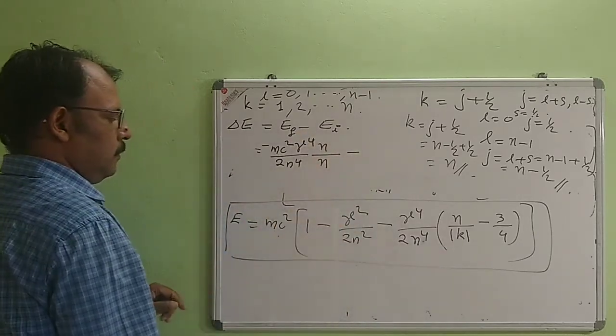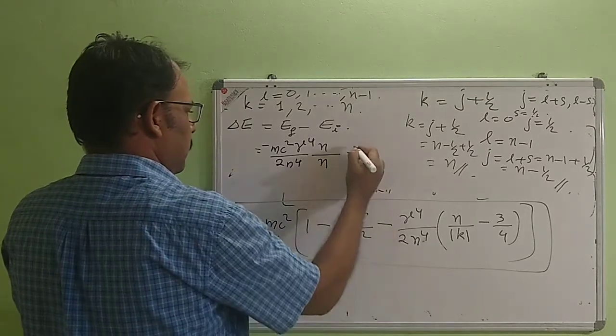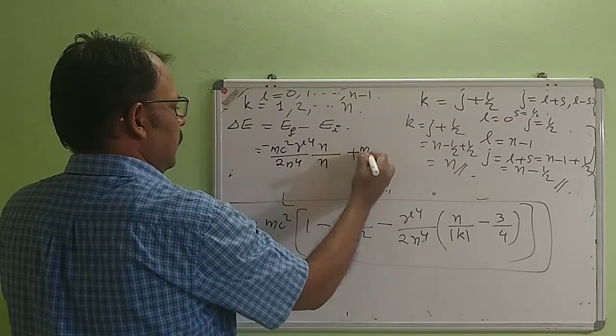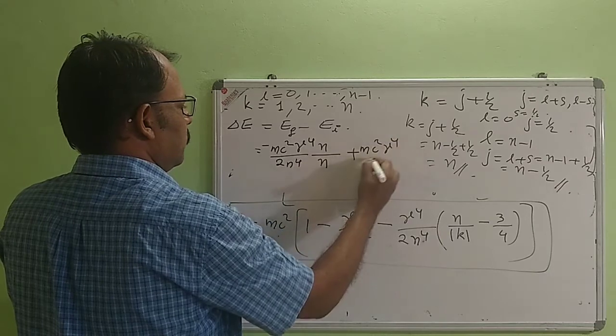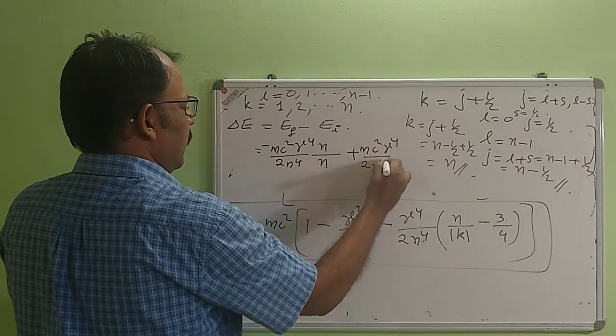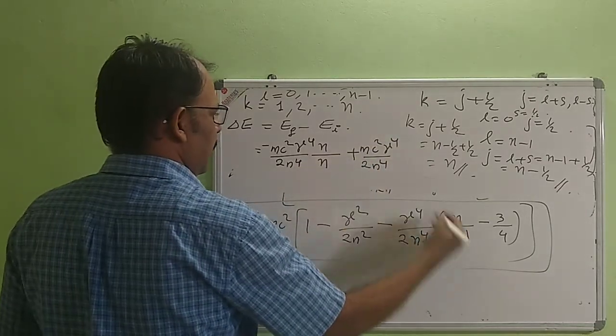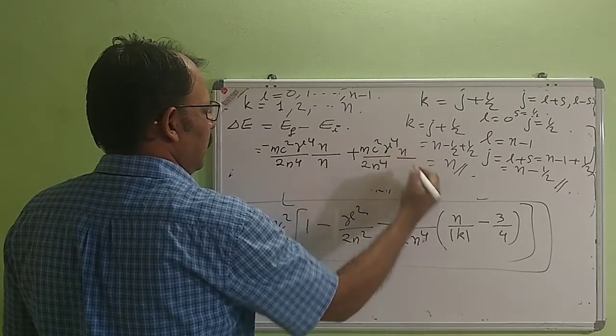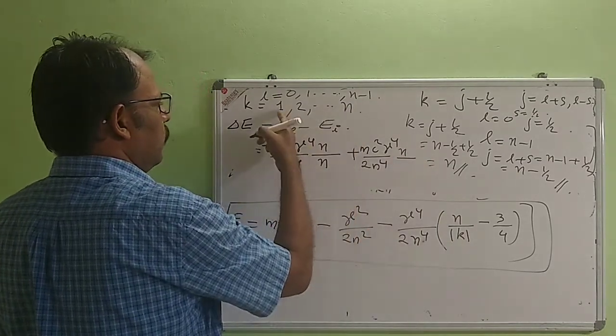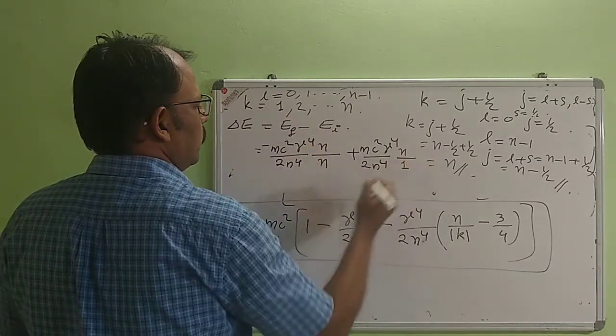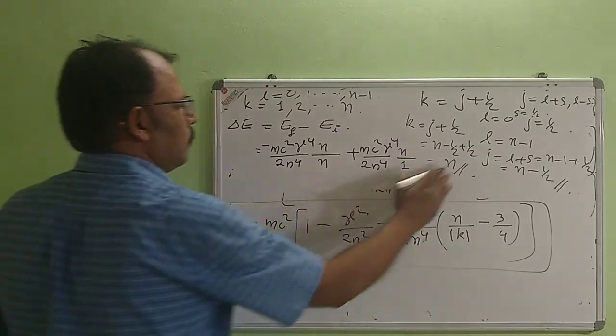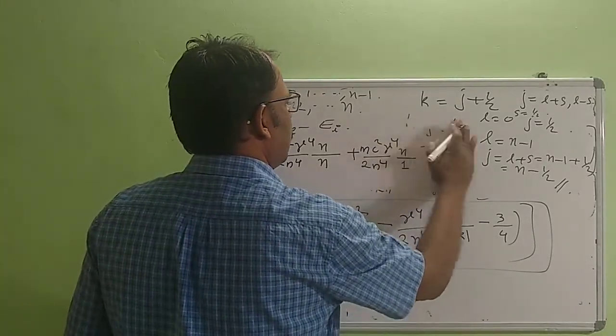Then this minus is there, so it will be plus mc square gamma raised to 4 by 2 n raised to 4 into n by k. In this case, k value is 1, so n by 1.